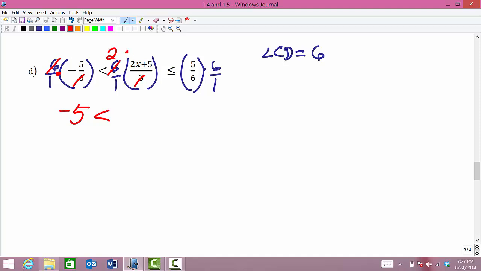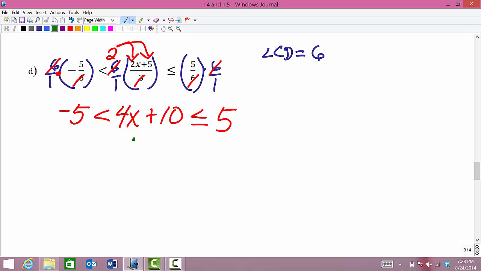Since I have a 2 that's being multiplied times a binomial, I will have to distribute here. 2 times 2x will give me 4x, and 2 times a positive 5 will give me a positive 10. Less than or equal to, and here on this side we can also cancel out our 6's, and I end up with a positive 5.